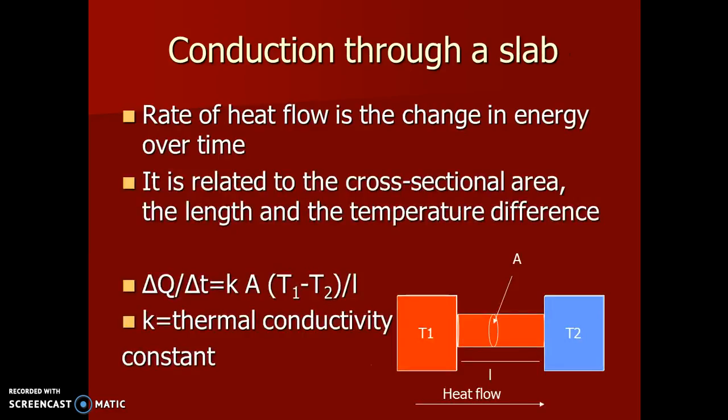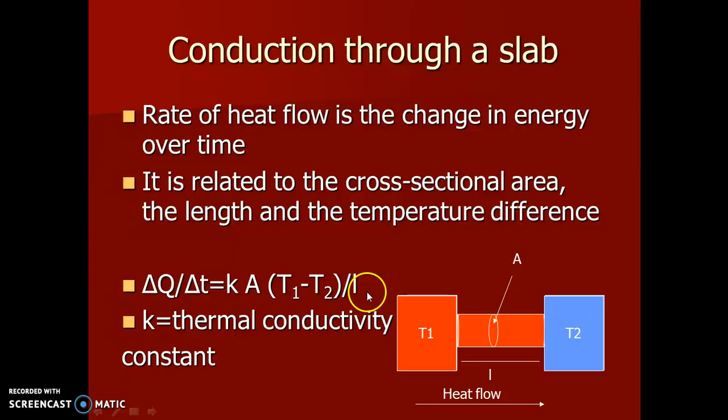So if we actually look at the equation, it makes sense. The rate of heat transfer is directly proportional to the thermal conductivity constant. That's K, a property of the material. A is the cross-sectional area, so the bigger the area, the faster the rate. Then the change in temperature, the difference in temperature from one side to the other: the greater that difference is, the greater the rate is.